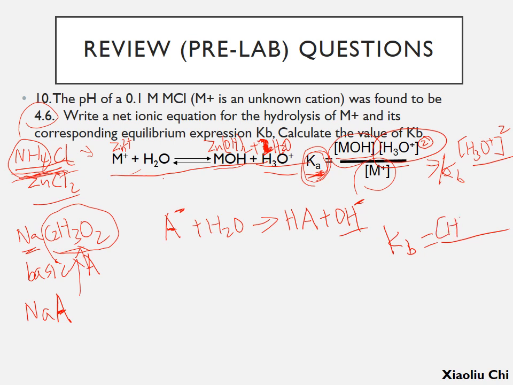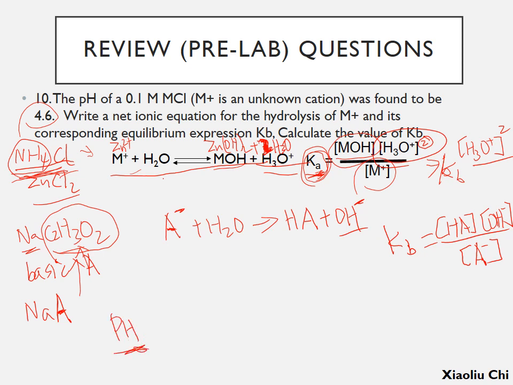So it's the weak acid, hydroxide, and anion. Okay, so you write Kb for this hydrolysis reaction, and then you go from the pH value.